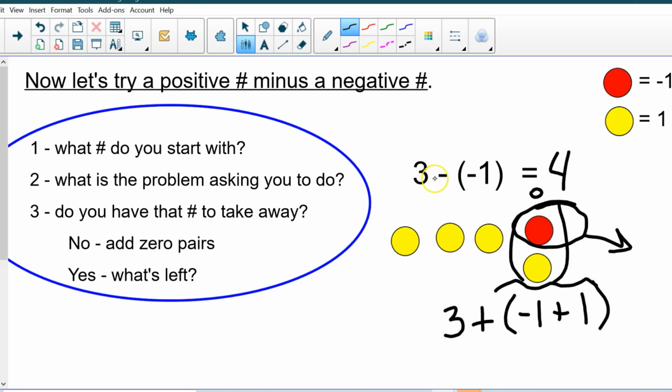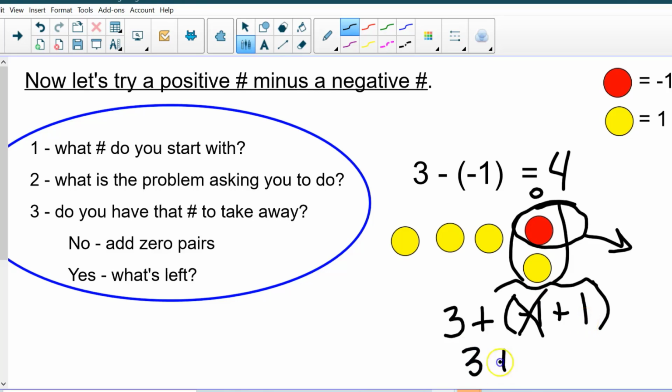Then it said take away -1. So I did that. I'm just going to take away the -1. You see, I'm just writing down in numbers what we did with the counters. And what did that leave us with? The 3, right, plus the 1 positive that we were left with, the opposite part of the 0 pair.